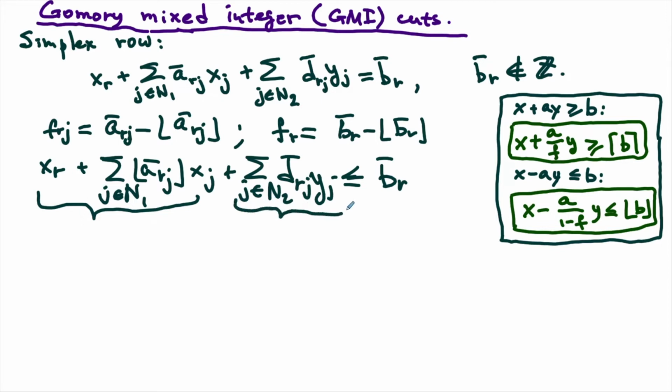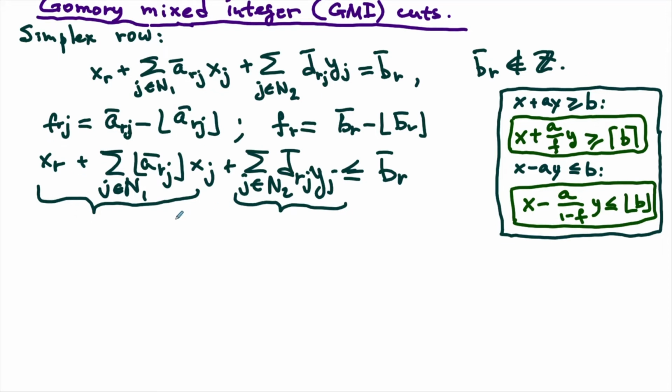Okay, so now we can treat this as a single integer variable, and we can treat this as a single continuous variable. So this is how we can take advantage of these simple formulas that we developed for the two-dimensional case. So we will essentially treat this part of the equation as the integer variable x in this formula right here. As for the continuous variables, we will ignore those continuous variables for which the coefficient drj bar is positive. Then this is essentially similar to rounding down, right? So the value of the sum can only drop in this case, and therefore the inequality will remain valid.